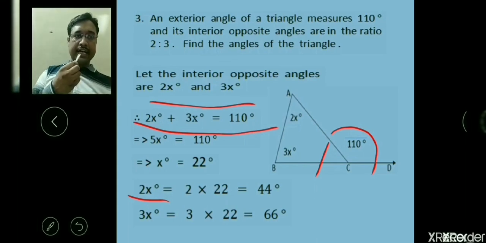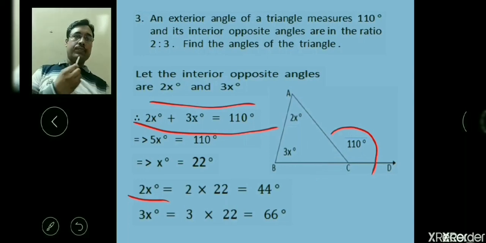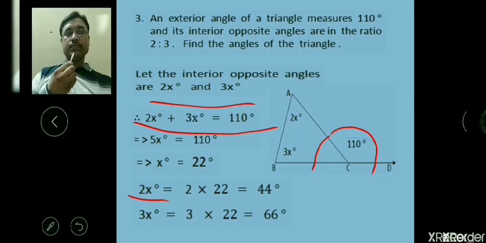Interior angle C and exterior angle C make a linear pair, that means ACB and ACD are a linear pair of angles. Since ACD is 110, ACB is 70 degrees. That you will write.